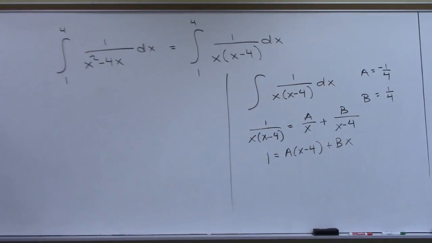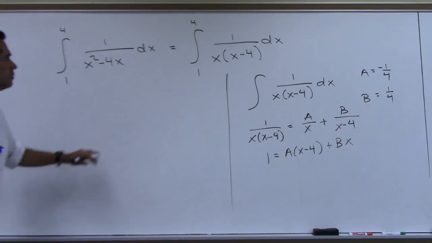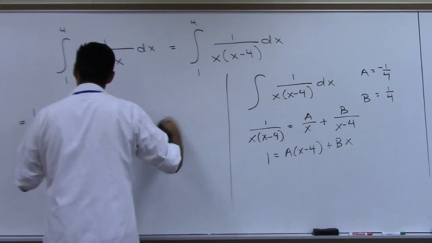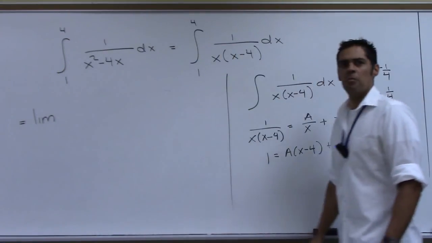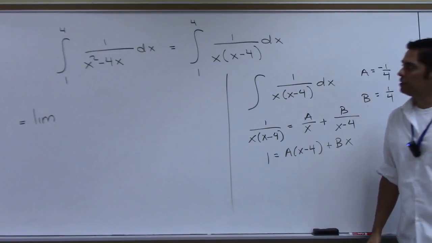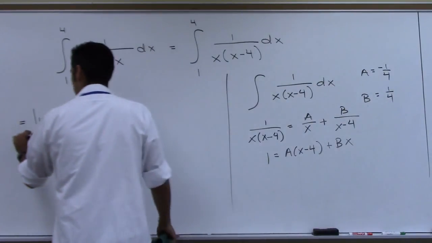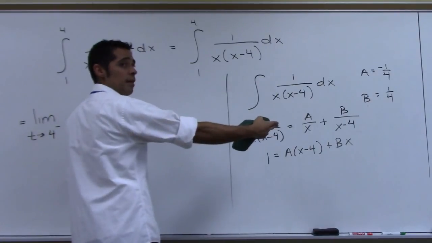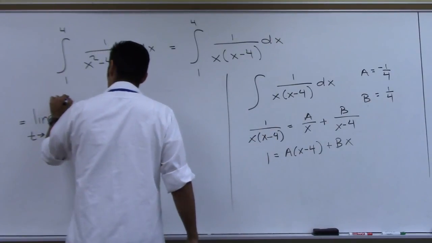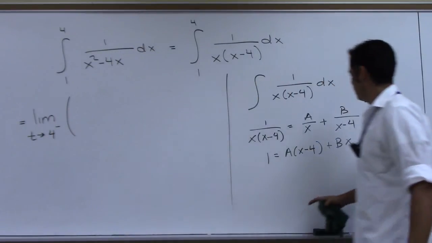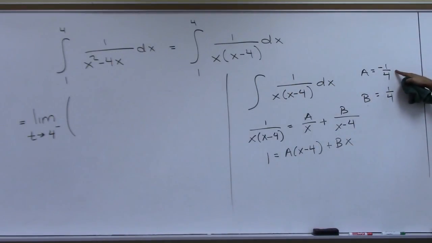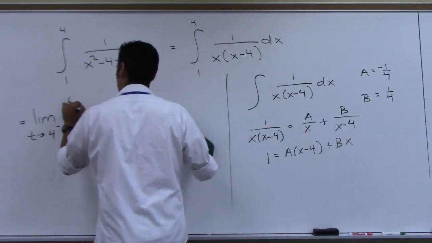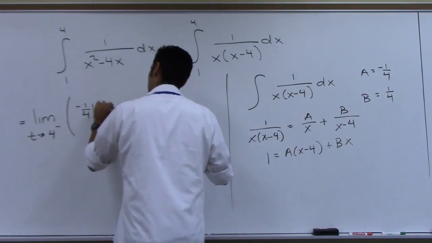Now back to this. This integral becomes a limit as what approaches what, and from which side? T approaches 4 from the left of the antiderivative, right? What's the antiderivative? Negative 1/4 natural log of the absolute value of x.